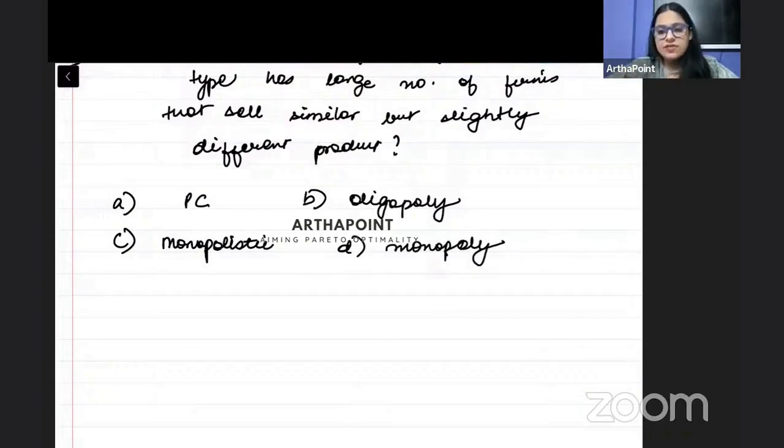Which of these is correct? Which are selling similar but slightly different products in the market?